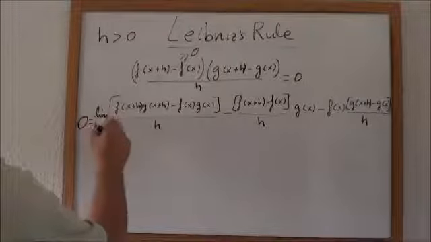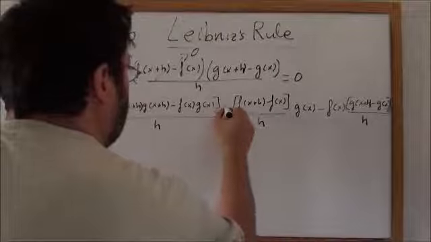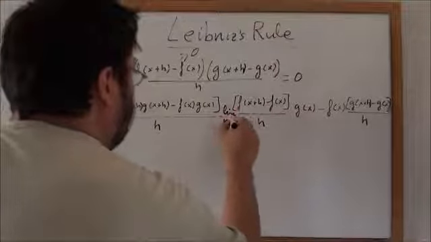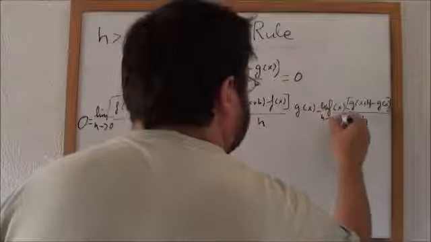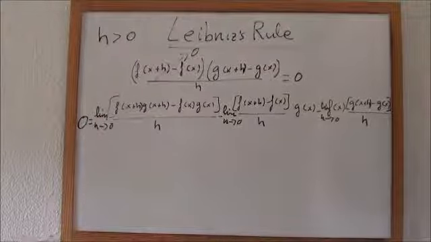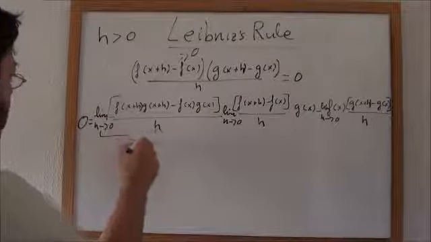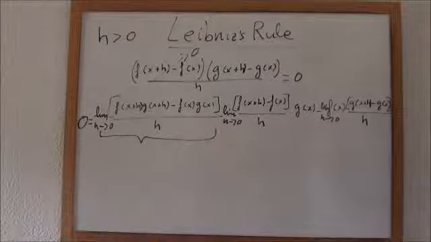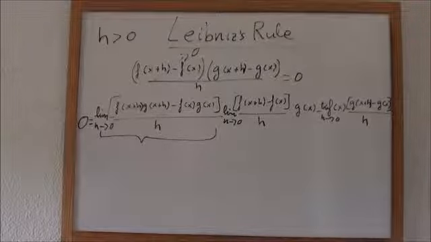Limit when h tends to 0, limit when h tends to 0, and limit when h tends to 0. Now we can see that this is the derivative of the product function.